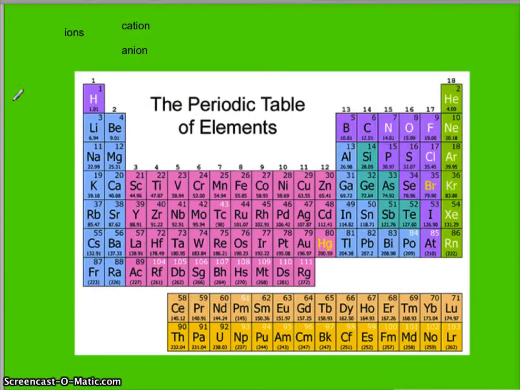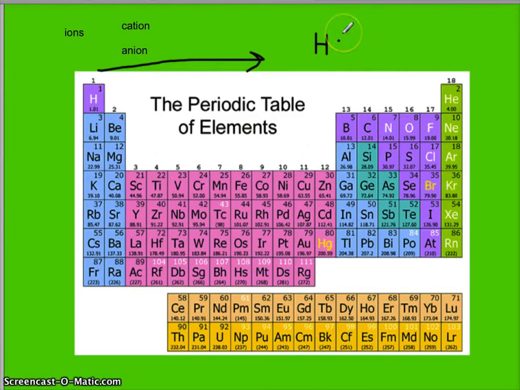Let's talk a little bit about ions. If an atom's outermost energy level is not filled, it may become an ion. And we mentioned that this whole row of alkali metals wants to let go of that one extra electron. We have hydrogen, which has that one electron right there.